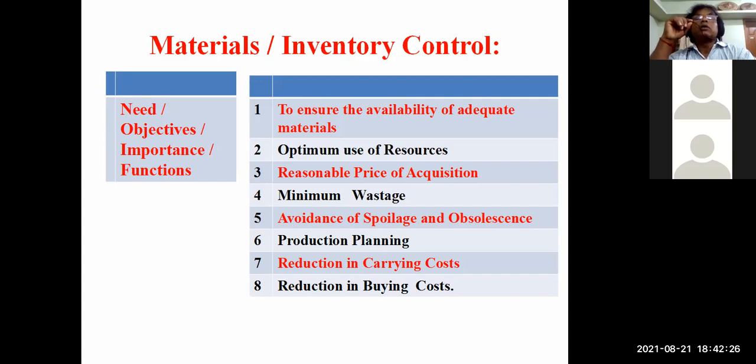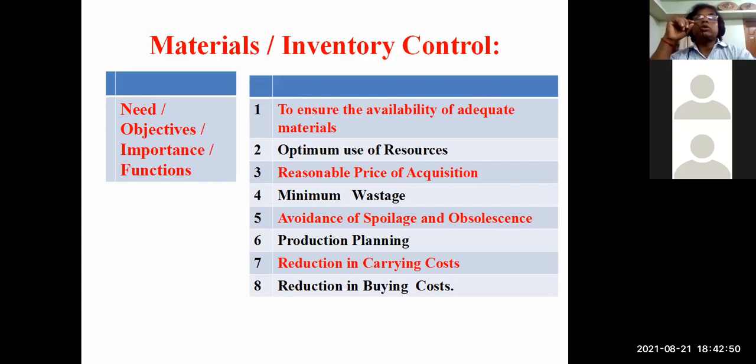So what are these? Number one, to ensure availability of adequate material. Adequate material means the exact amount that you need, that much amount should be available. That is the need of material control. Number two, optimum use of resources. You should not waste resources.